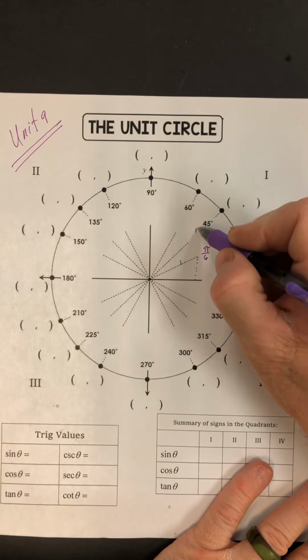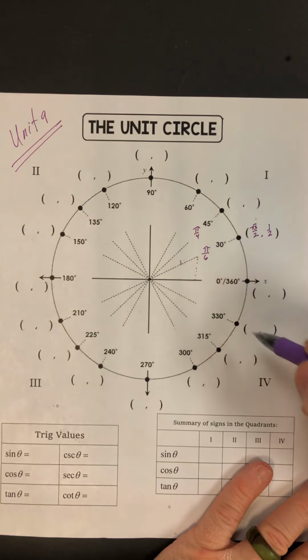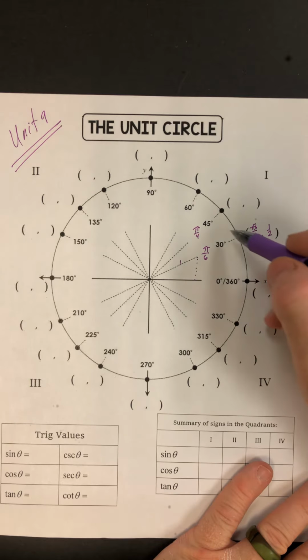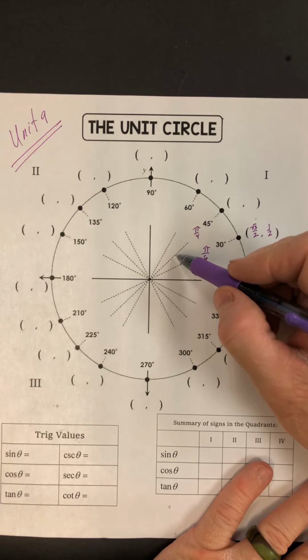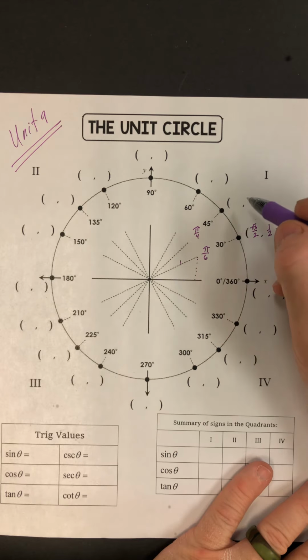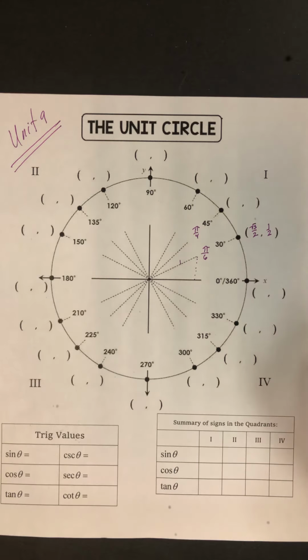Okay, 45 is pi over 4. Memorize that. So this is a 45, 45, 90 right triangle. The radius is 1. Then you have to divide by the square root of 2.